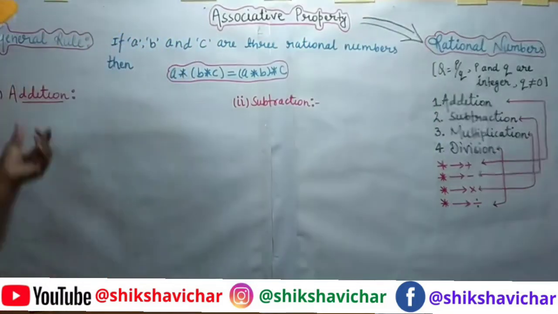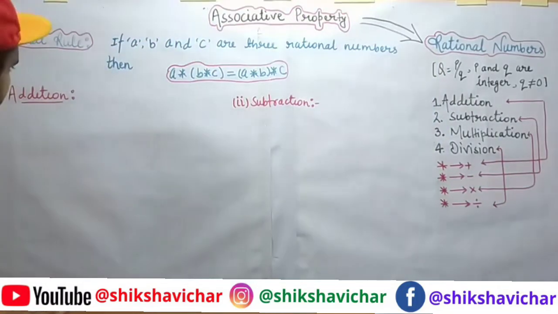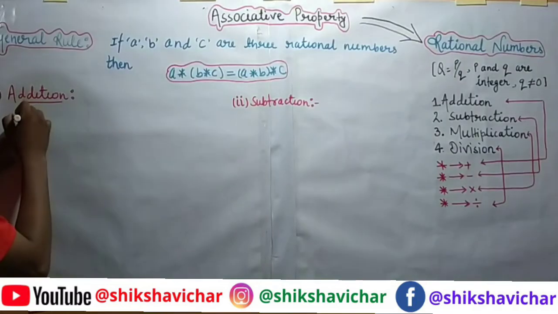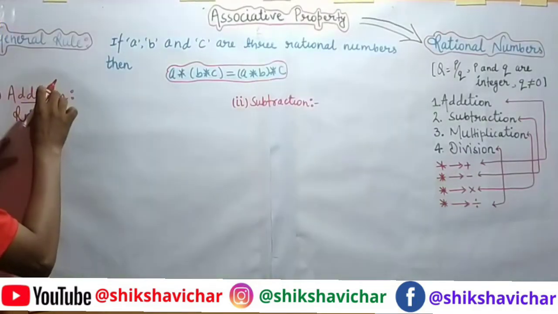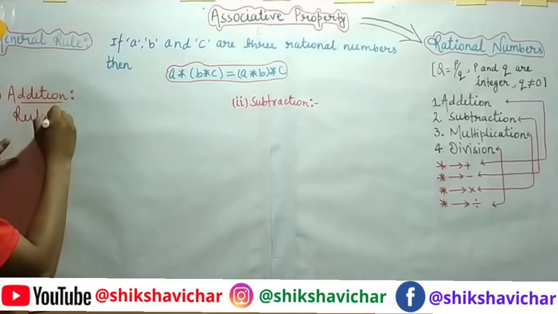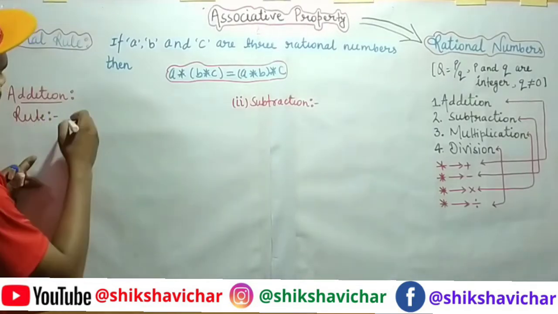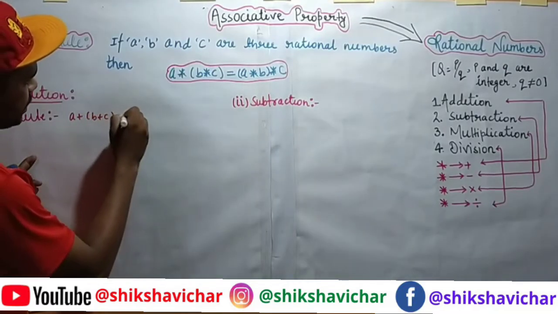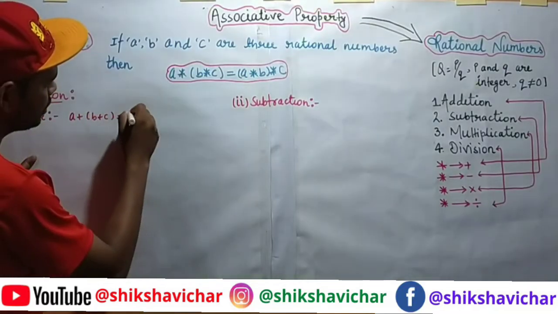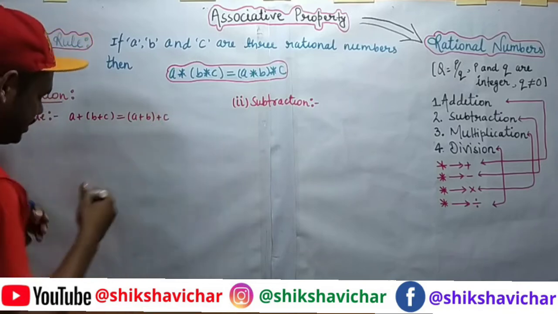Now first case, that is addition. First of all, we will define the general rule. That would be the rule for addition. The rule would be a plus (b plus c) equals (a plus b) plus c.